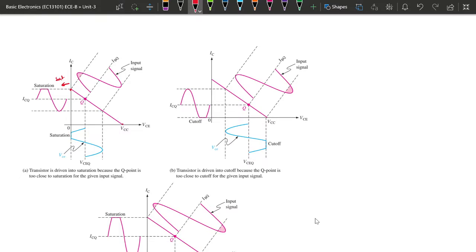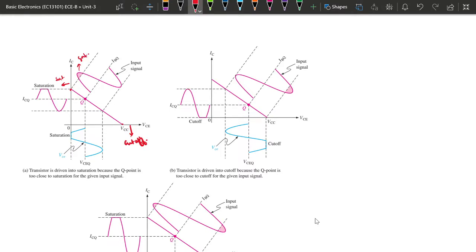This other point is called the cutoff point, beyond which the cutoff mode of operation will be there for the BJT. If we select the Q point close to the saturation point, then at this point IBQ will be there, and this is the variation in the input signal. This is the AC input, which is varying, and if by variation it reaches the saturation region, this portion of the input signal reaches saturation.